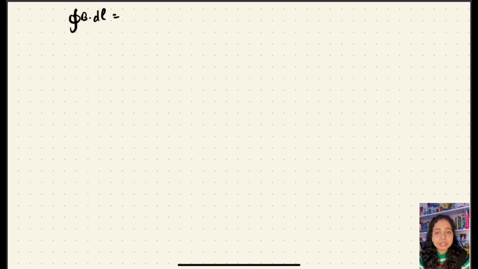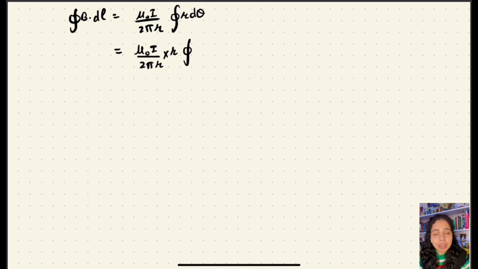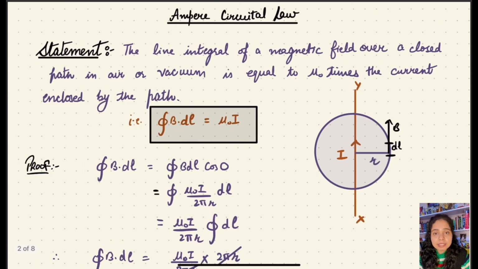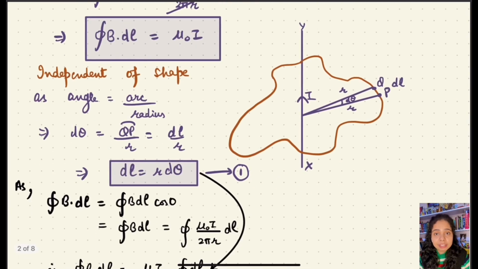So substituting the value from equation number 1, we have closed integral B dot dl is equal to mu naught I upon 2 pi r closed integral r d theta. Now r is fixed, because r is the same for points P and Q under consideration. Therefore, we can take r outside the integral. So we have mu naught I upon 2 pi r multiplied by r, closed integral of d theta. If we add up all these small angles d theta, we get a total angle of 2 pi.